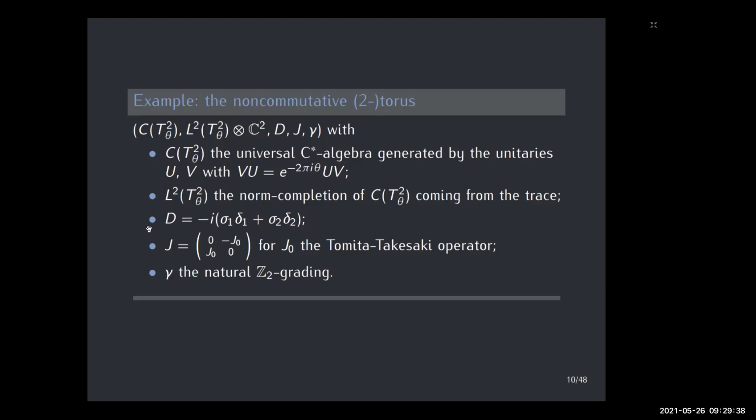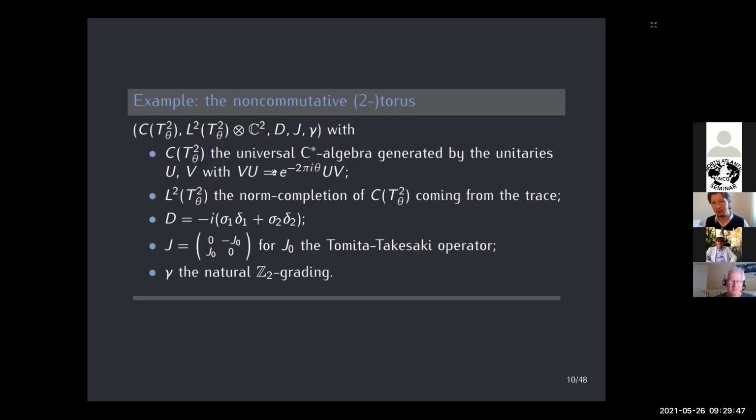The Dirac operator is just given by 2 very natural derivations, which have this action on the C2 part coming from Pauli matrices. The real structure comes again on this C2 part via the Tomita-Takasaki operator, and gamma is just the natural Z2 grading on the doubling.